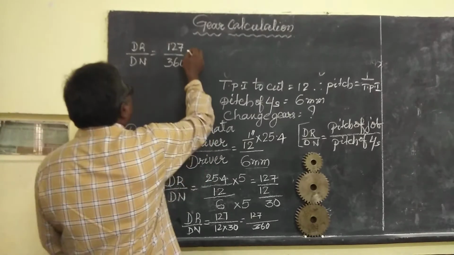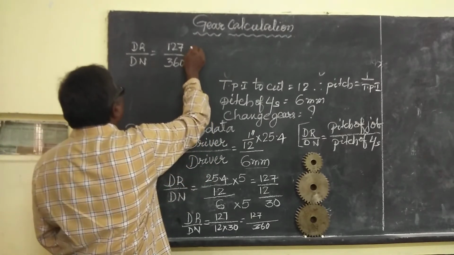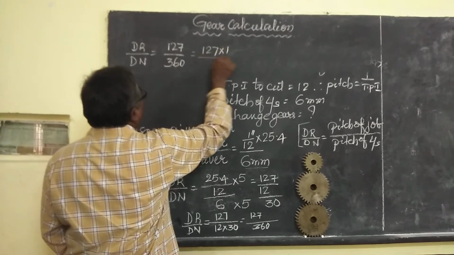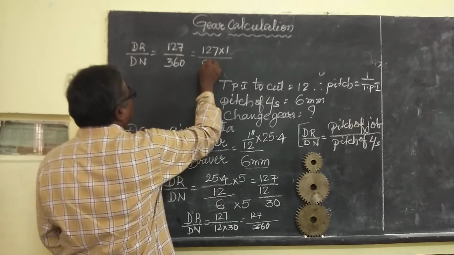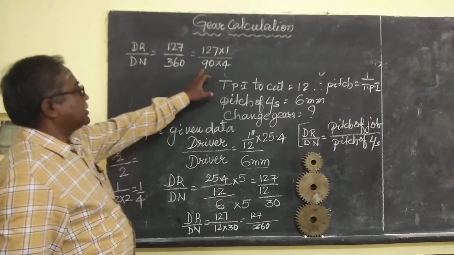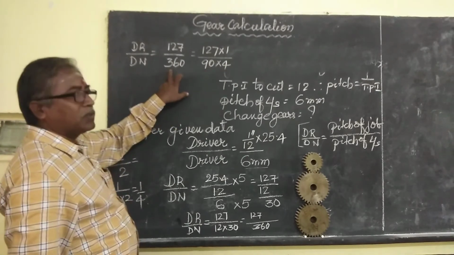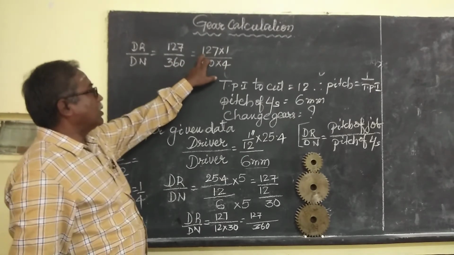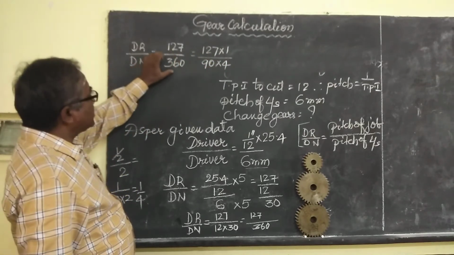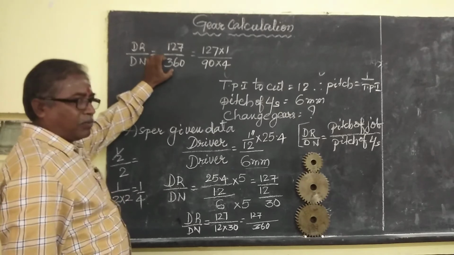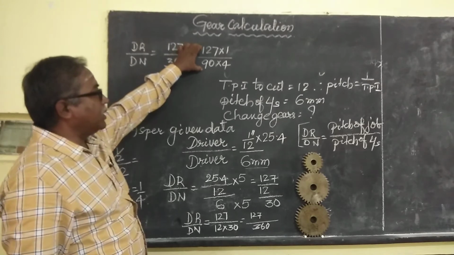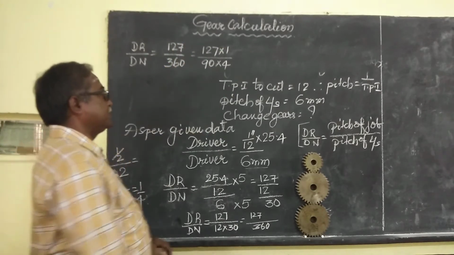Now we can turn it into 127 into 1 by 90 into 4, because 90 into 4 is equal to 360, and 127 into 1 is equal to 127. This 360 gear is not available. When the 360 gear is not available, we convert it into a compound gear train.